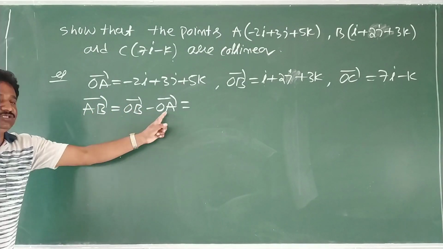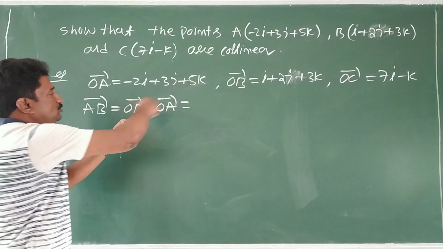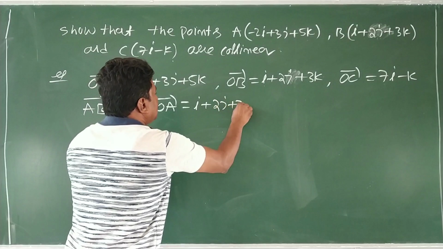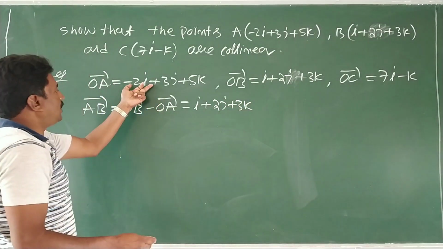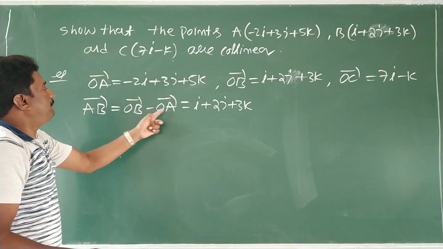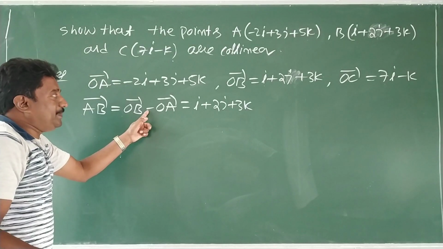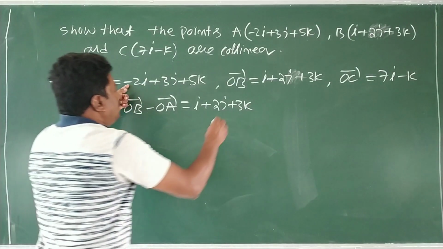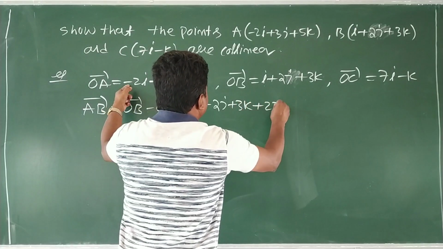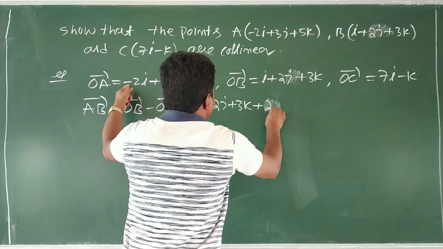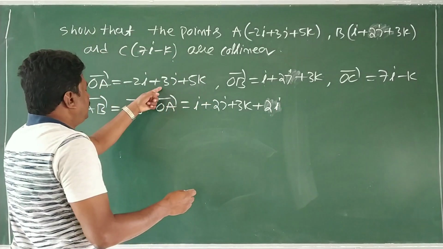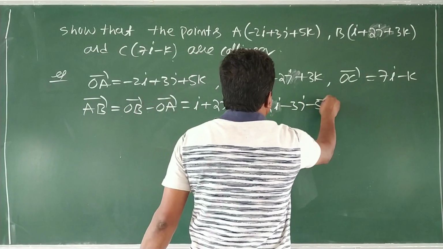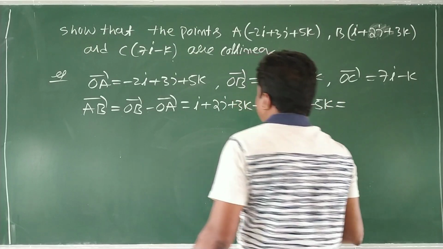So you find vector AB. What is vector AB? OB minus OA. Reversal law: reverse it and write. You should not write OA minus OB. Substitute for OB: i plus 2j plus 3k minus OA. Multiply vector OA by minus: plus 2i, minus 3j, minus 5k.